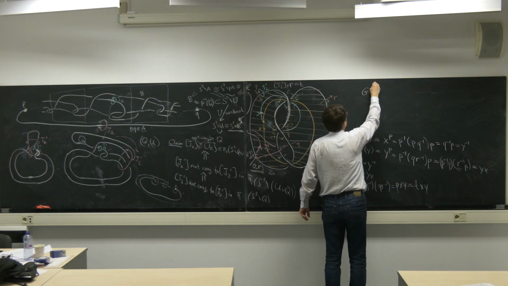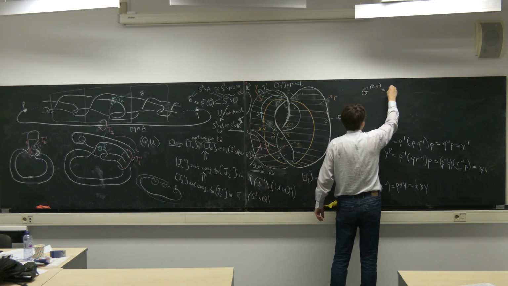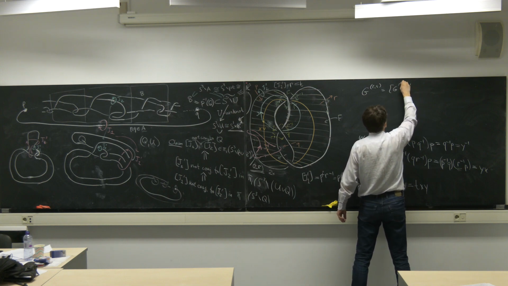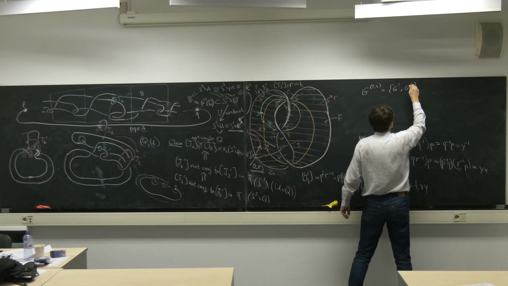So G 2.5 is the commutator subgroup of G prime and G prime prime.